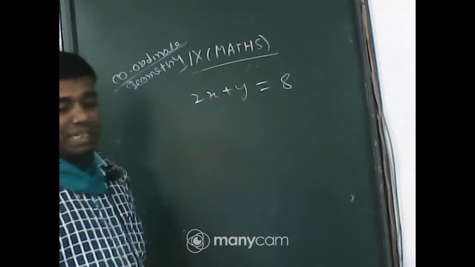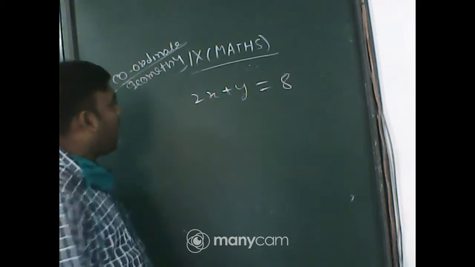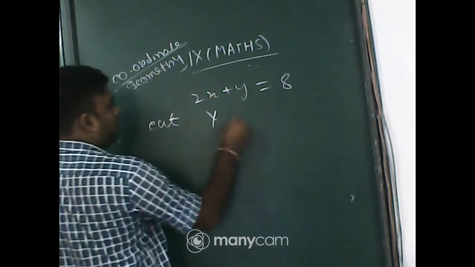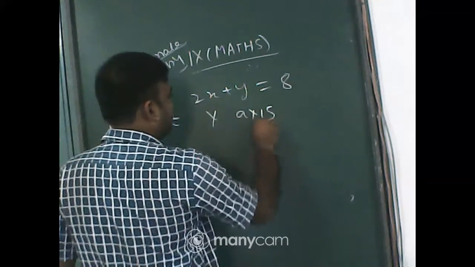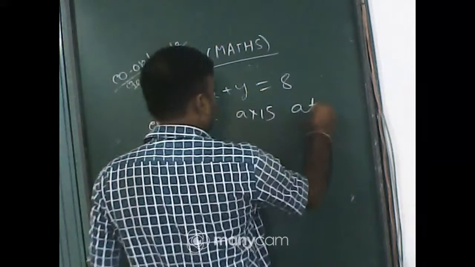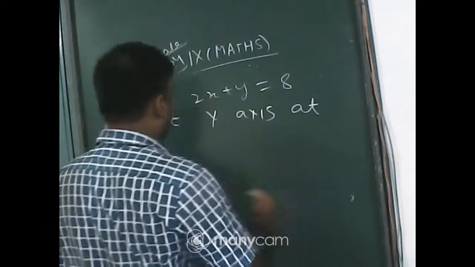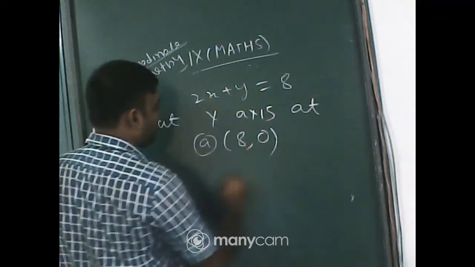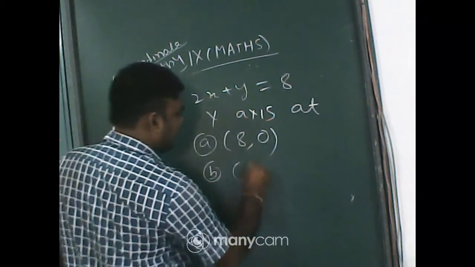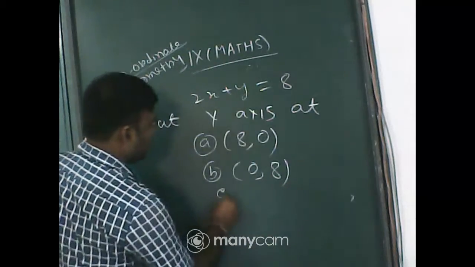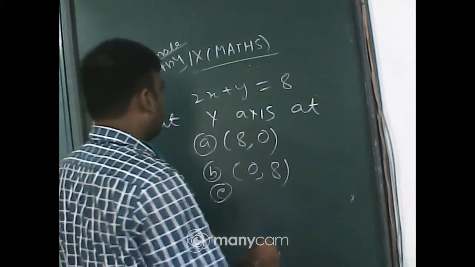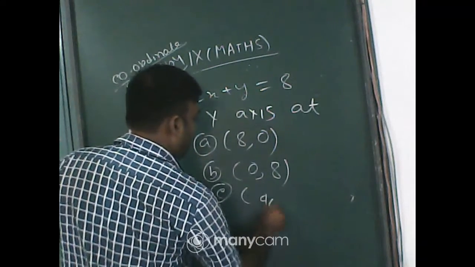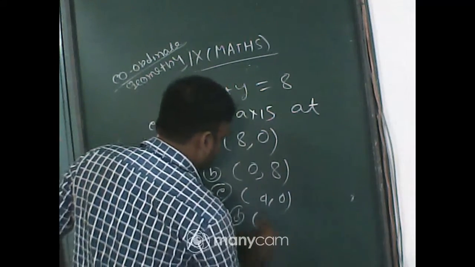Okay, that straight line. Now my question is, that line cuts the y-axis at option A (8, 0), option B (0, 8), option C (4, 0), option D (0, 4).